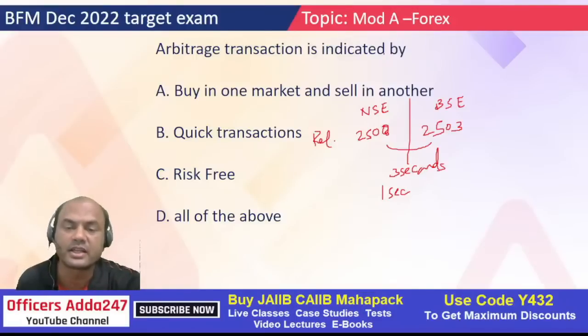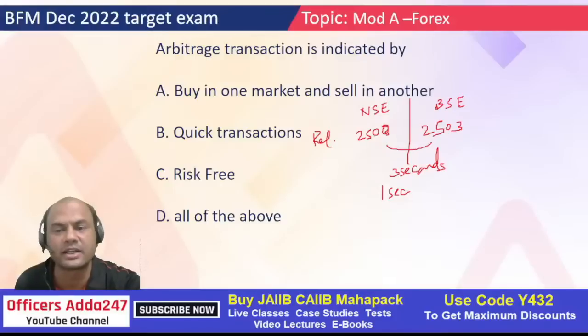Arbitrage transaction is indicated by, basically what is arbitrage actually? Arbitrage means, here let's say I'm having a Reliance share. Okay, I'm not having actually. I'll give you an example. There are two markets in India, NSE and BSE. I'm a trader. I buy this Reliance share at NSE. Now imagine there is a gap, and it's always there.